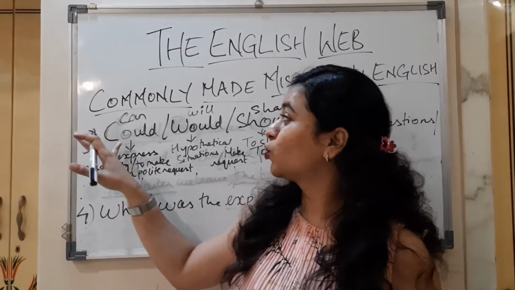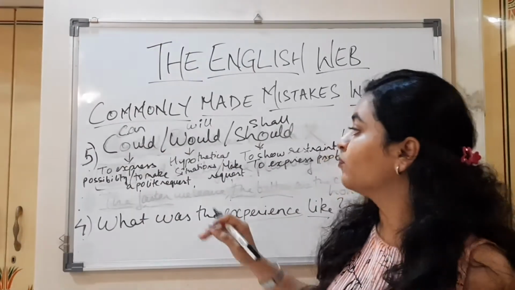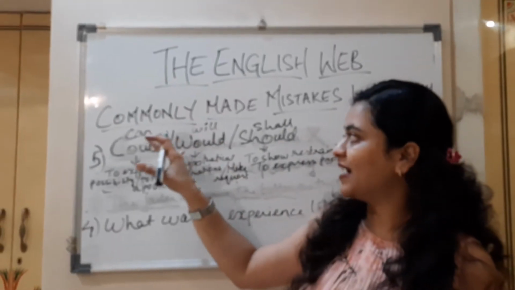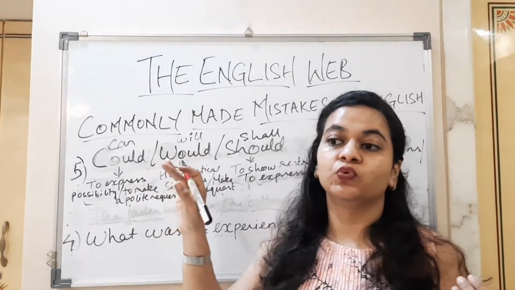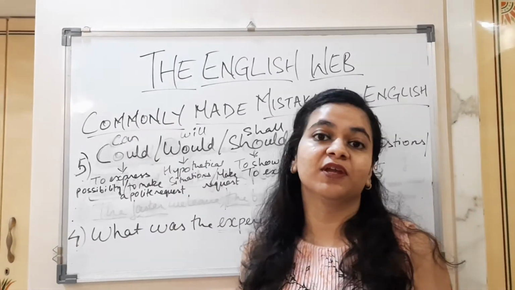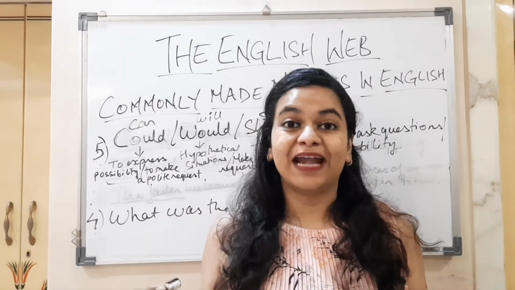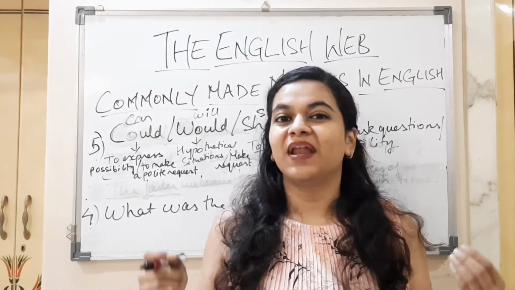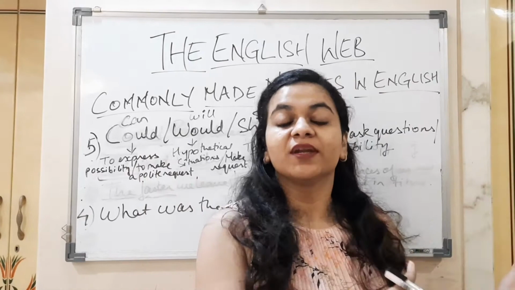Now this is about could. What is it about would? Would is the past tense of will. And the one thing that stands out about would is how you use it in hypothetical situations. Like, if I had a lot of money, I would never work in my life. So it is just some sort of a hypothetical situation.